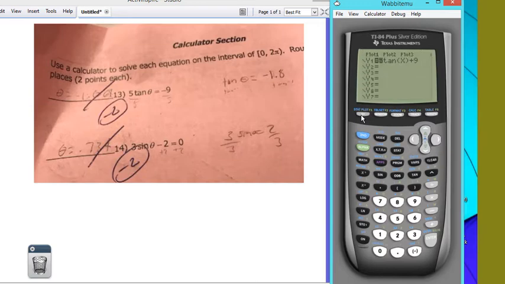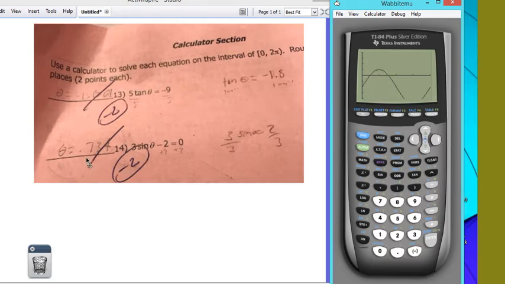If you go to this one, we're going to do 3 sine of x. And this one's already solved for 0, so we're going to go minus 2. Must have hit the negative button. We're going to go minus 2. We're going to graph it. So we're looking for these two numbers.